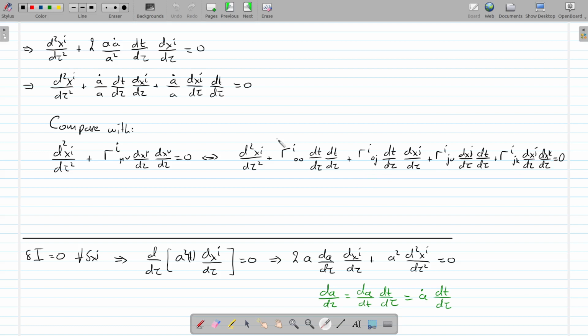So we have to compare those terms with this equation here. Now we see that the equation we just derived has only dt dx^i terms. So the 0, 0 terms here and the jk terms must vanish. So gamma^i_00 and gamma^i_jk must be equal to 0. And gamma^i_0j and gamma^i_j0 must be equal to a dot over a.